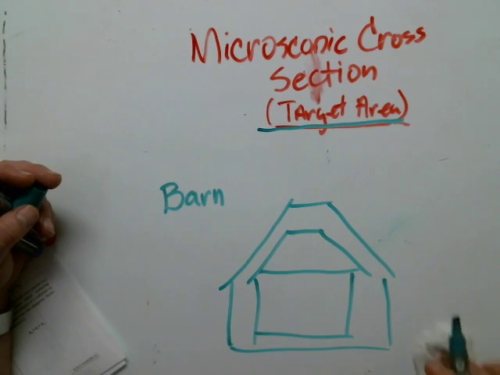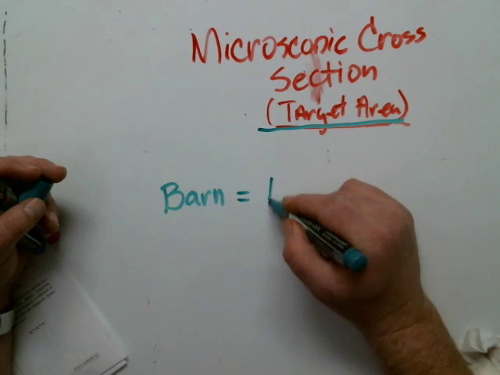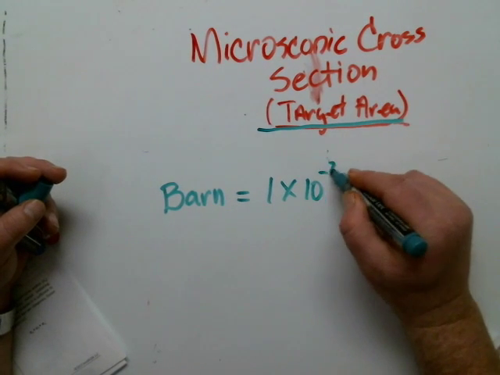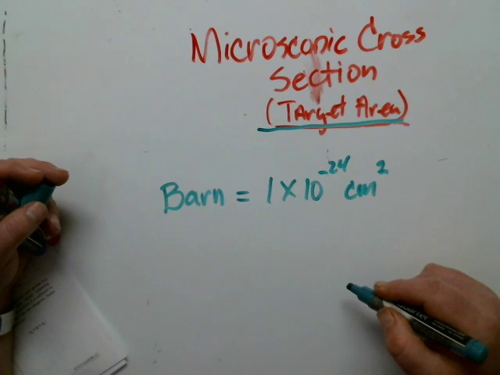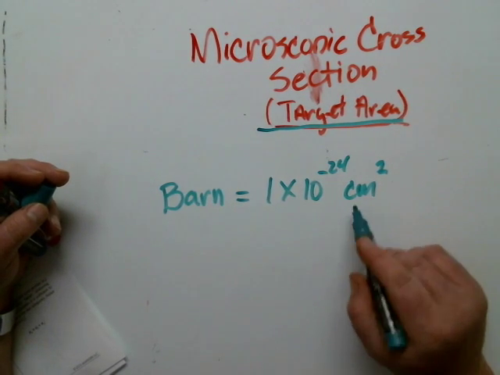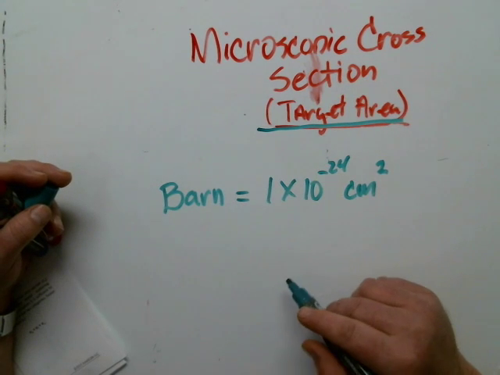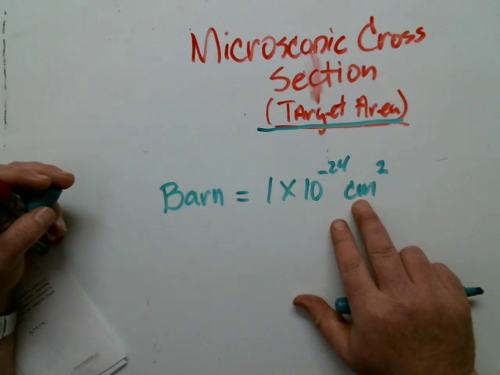A barn is in reality a unit that is equal to 1 times 10 to the minus 24th centimeters squared. So if you have a lot of barns, you have a large area. Centimeters squared is an area. Well, it's really a probability, but we're going to use this to essentially depict probability via area.